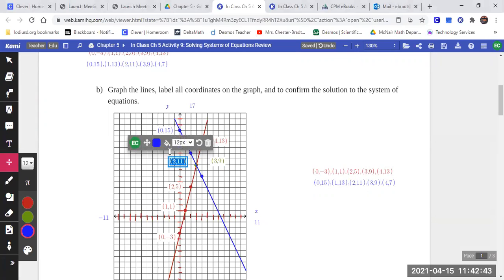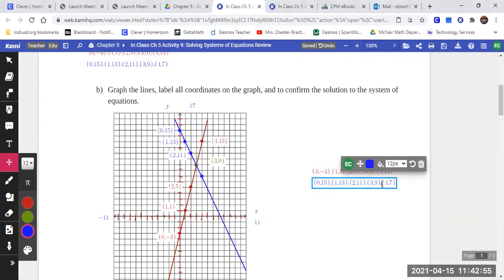So you want your coordinates close to the dot if you can. Doesn't have to be perfect, just needs to be closer so the person can understand what's going on. My last one, because I don't have to do the point of intersection, I already did it.